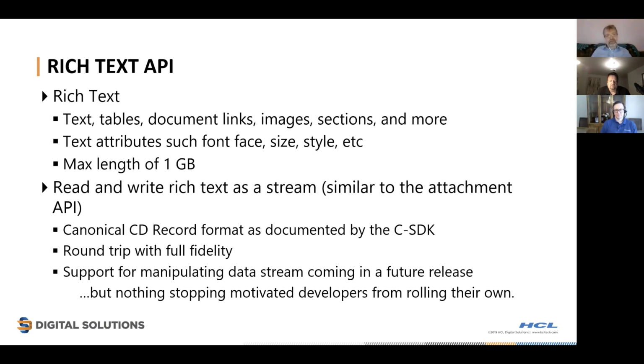As I say in this bullet, nothing's stopping the motivated developer from rolling their own support if they want. If you know how to write legal CD records, you can put anything in the stream that's legal, and this API will write it to the server.